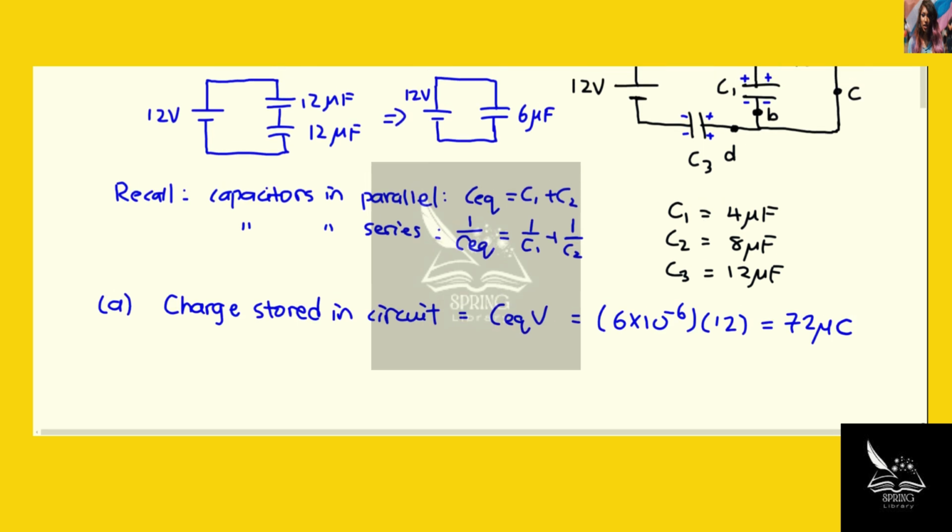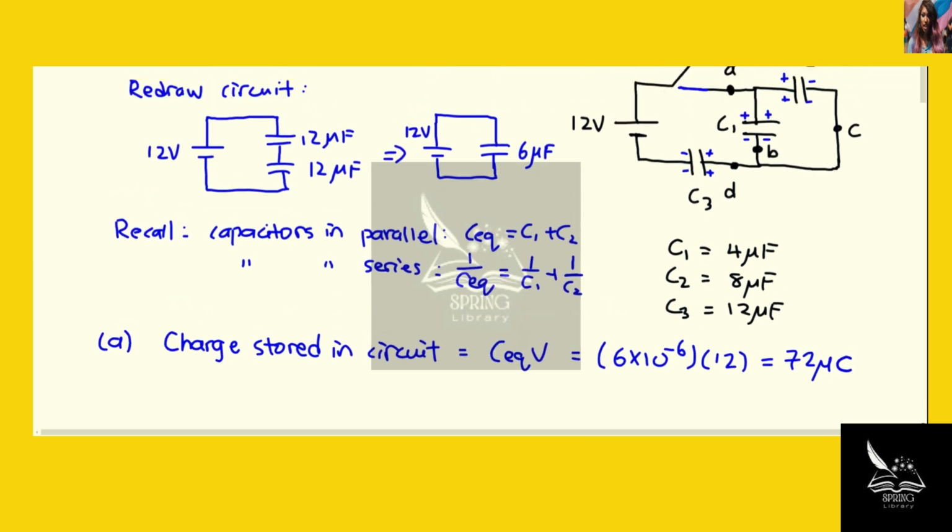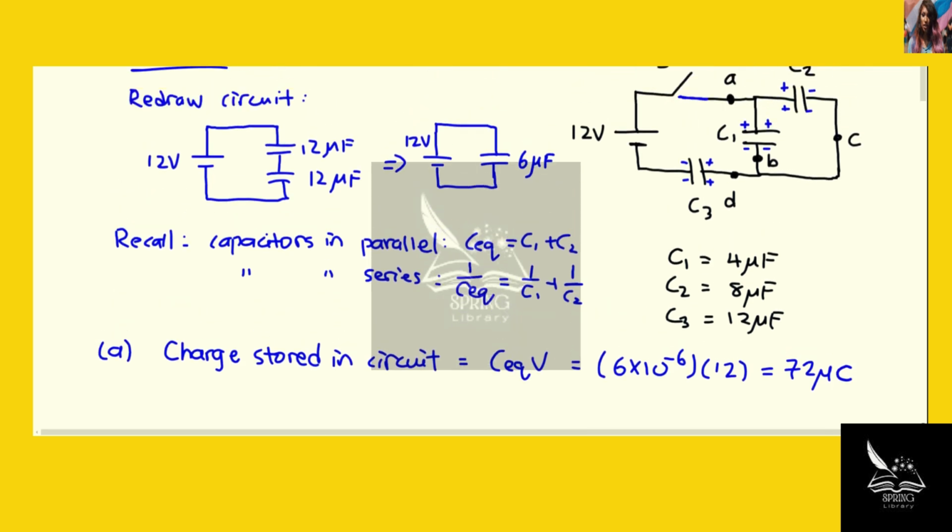So we expect point A and point D. If we look at the redrawn circuit, this will be our point A, and this will be our point D. Point A and D will have the same charge, based on the diagram.